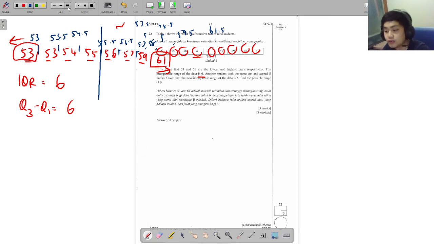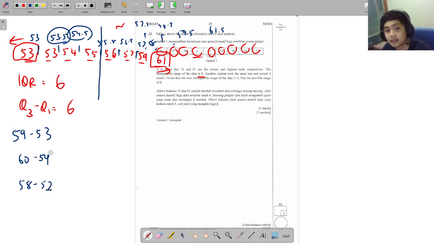So what I'll normally do is make a smart guess here. Because it's towards the left side here, the value is probably around this or this, 53.5 or 54.5. It should be either one of them, right? Because if you notice, in order for you to get 6, you should only do 59 minus 53, or you do 60 minus 54, right? Or if you want, 58 minus 52. However, all of these values are kind of far.